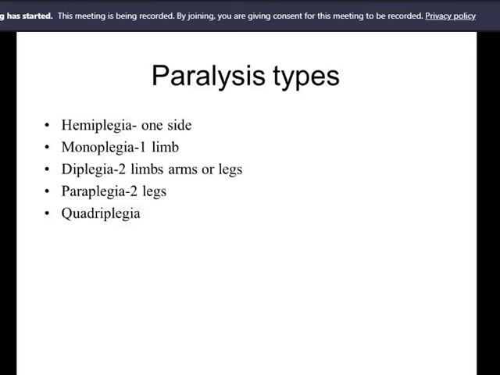Paraplegia means two legs are paralyzed. Quadriplegia means four limbs, two hands, two legs, all are paralyzed. And where there will be a cut, and when there will be hemiplegia, quadriplegia, paraplegia, I have already shown in your figure, isn't it?